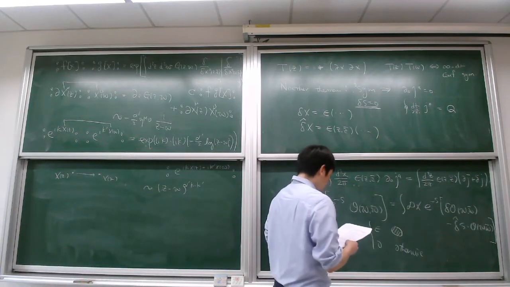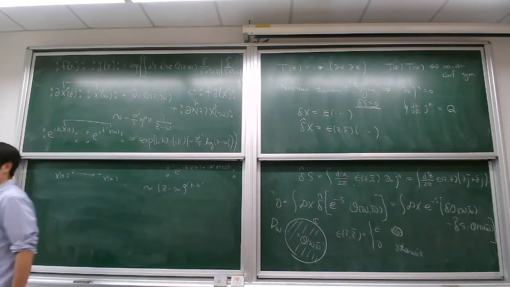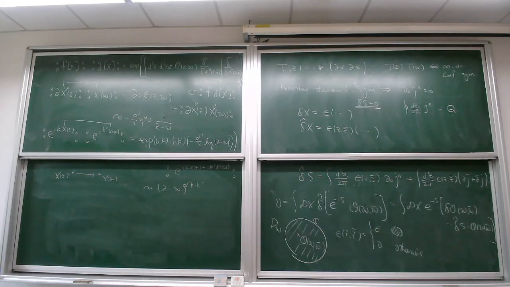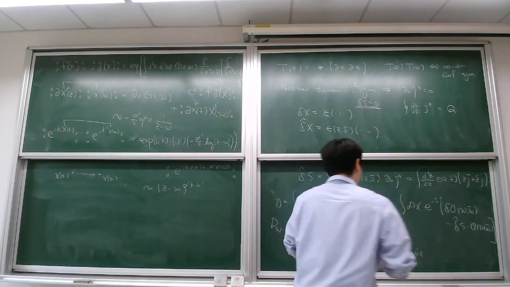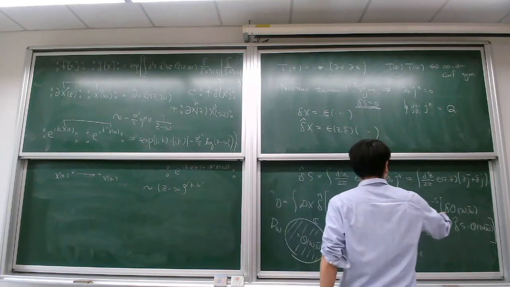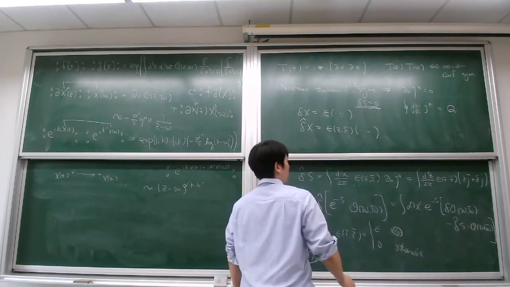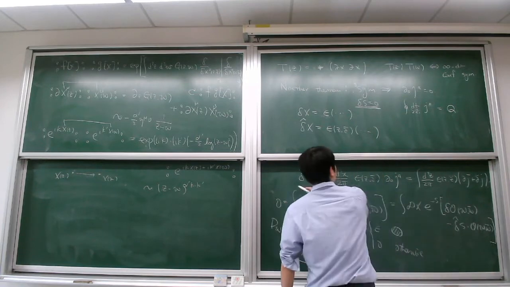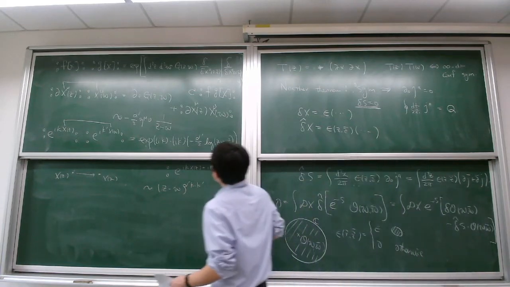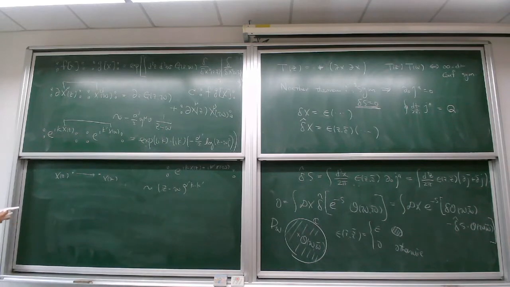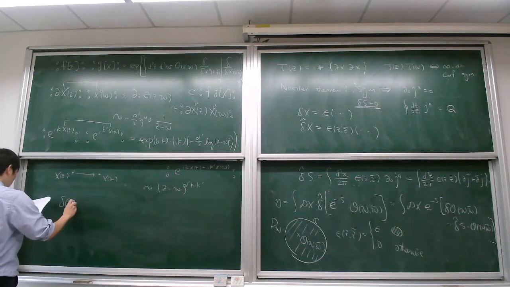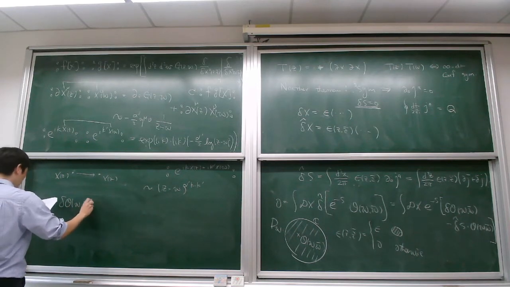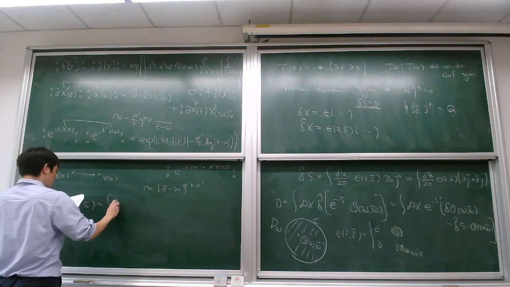If you take this Ward-Takahashi identity, one can show, in the operator formalism, that we now know delta S will give you this quantity. What we can show is that the variation of the operator with respect to this symmetry at the quantum level can be understood as this one.